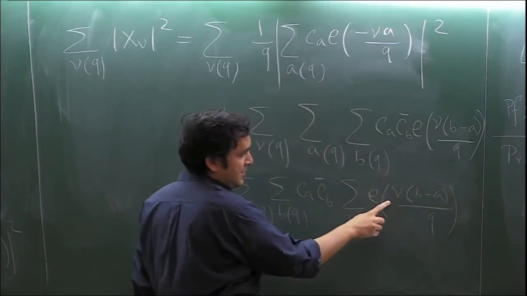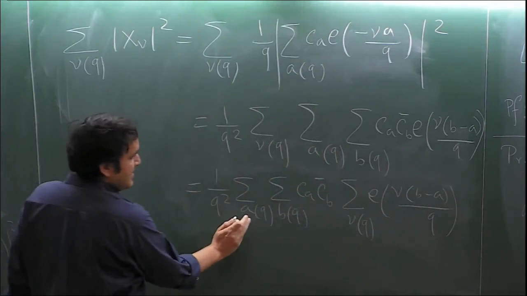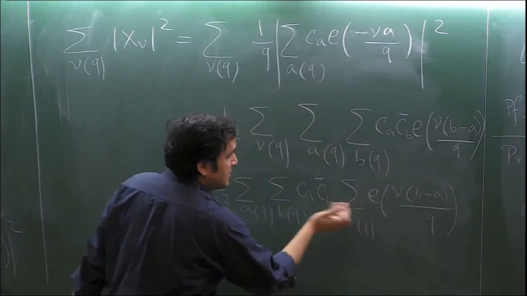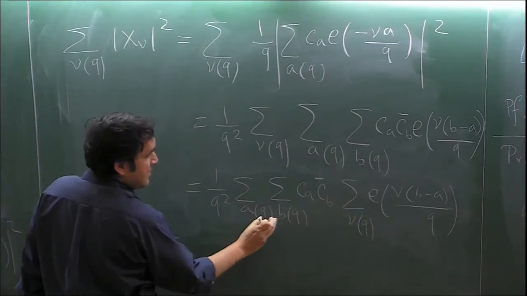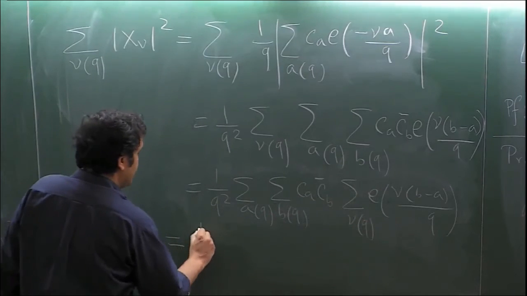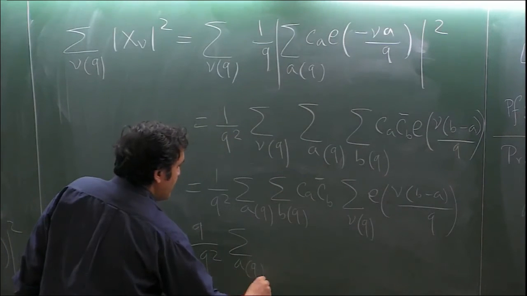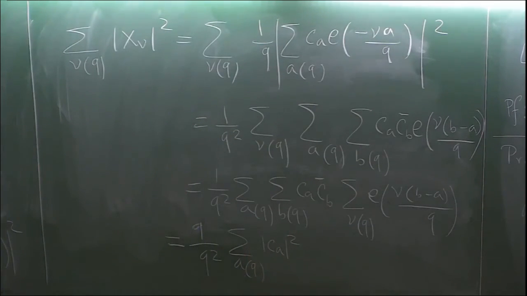Then again, this will be 0 unless B is congruent to A mod q. But here A and B are varying mod q, so they are equal only when B equals A. So that means I'll get q, and A has to be equal to B, otherwise I'll get 0. So that means q by q square, sum over A mod q, Ca square. Okay.